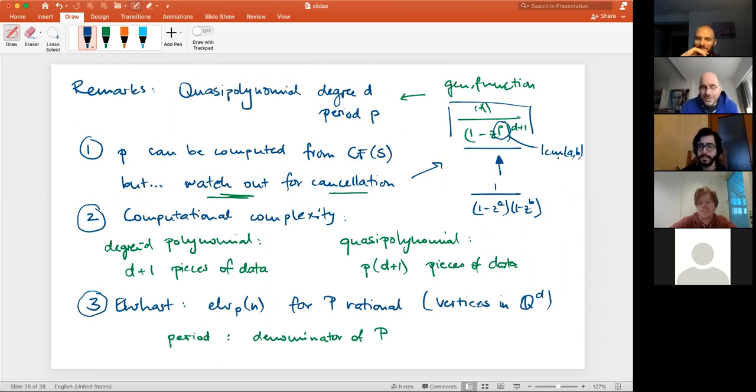It turns out these very simple generating functions are generating functions of Ehrhart quasi-polynomials. This is related to some number theory called the restricted partition function. In some sense, you can produce these generating functions from first principles.